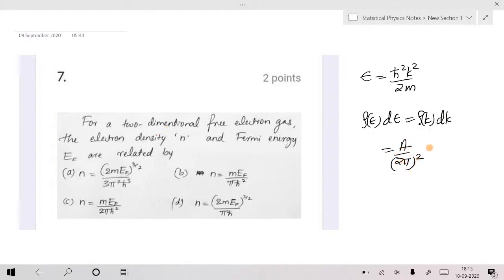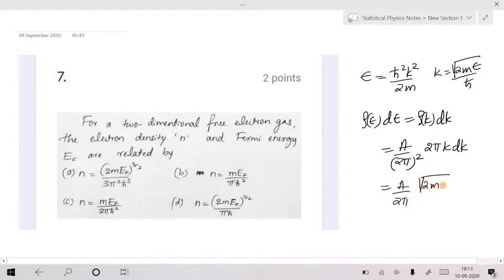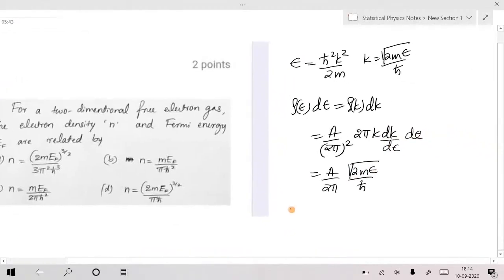He said two dimensions. So 2 pi k into dk, where k is equal to root of 2mE by h bar, times 2 pi root of 2m E by h bar dk by dE into dE. I think dE by dk is h bar square k by 2m, isn't it?